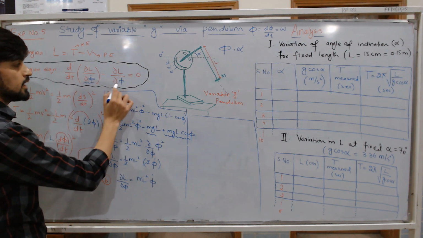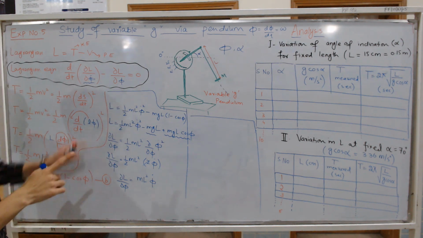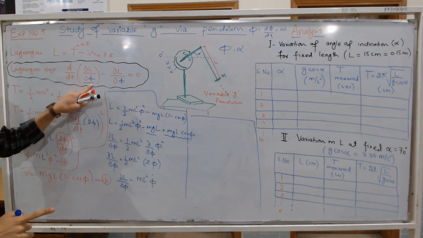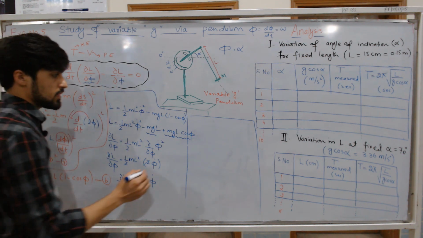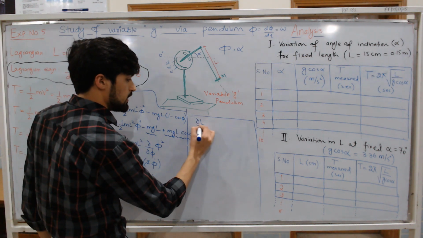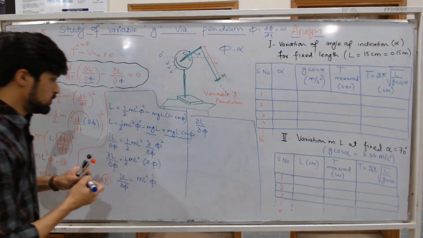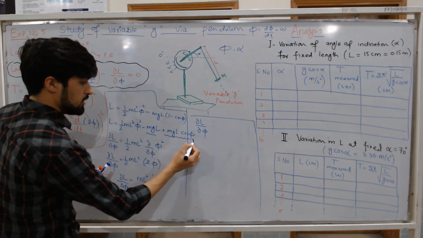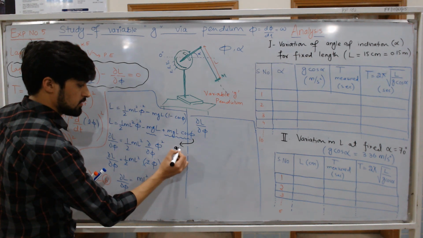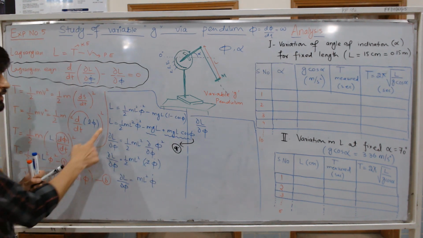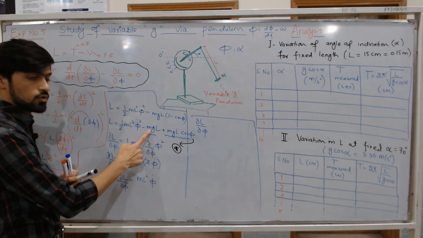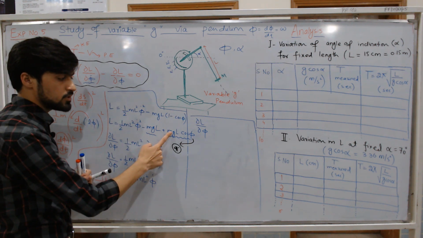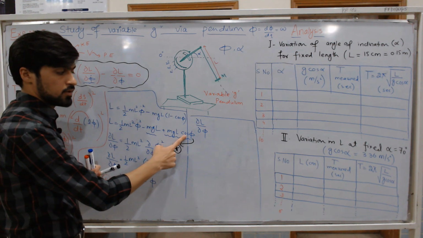Now to calculate the del L over del phi. The first one was del L over del phi dot. Now the second one is del L over del phi. So how to calculate this one? Del L over del phi, so you know that this relation, we will differentiate this relation, let's say star. So del L over del phi, this contains no phi, this will be 0, this contains no phi, this will be 0, but this contains phi and cos phi.